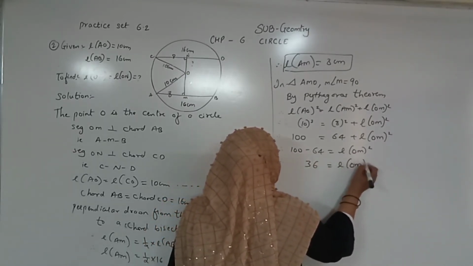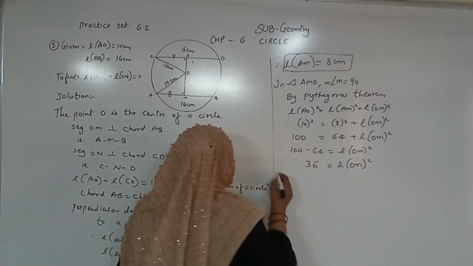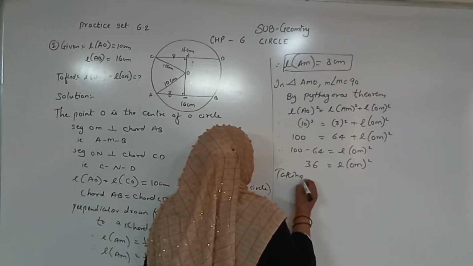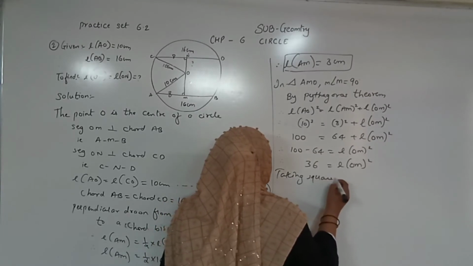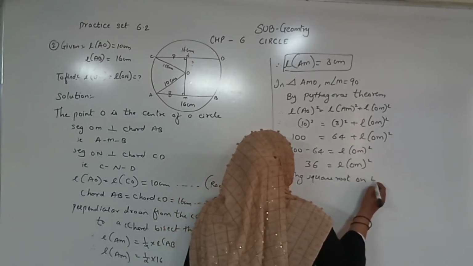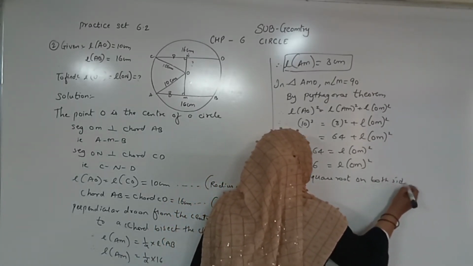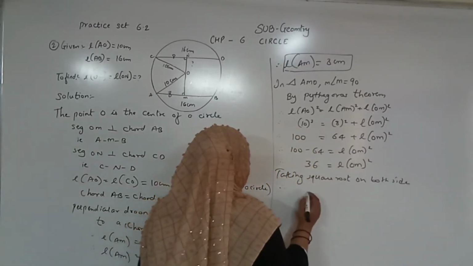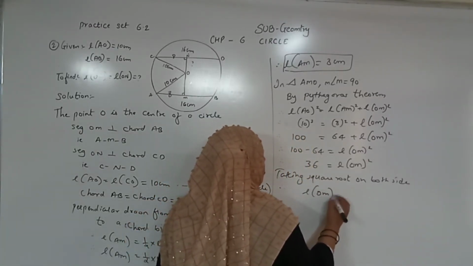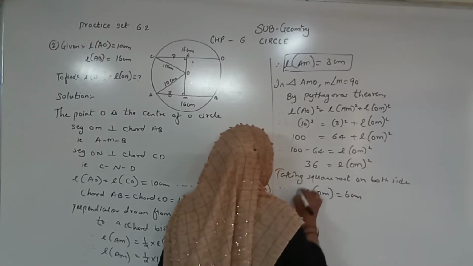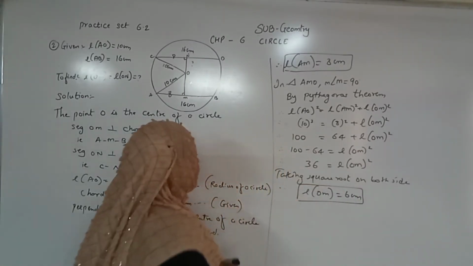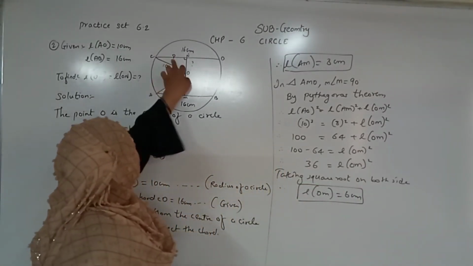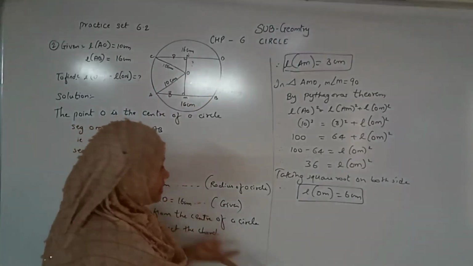To remove the square we will take the square root on both sides. Therefore length OM equals 6 centimeters. If OM is 6 centimeters, then ON is also 6 centimeters.